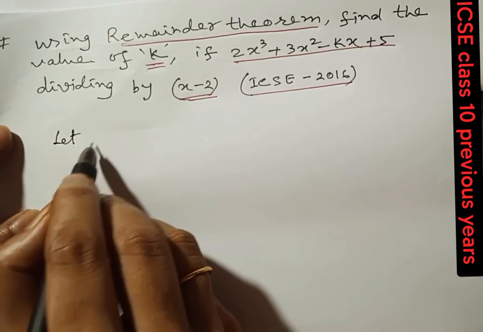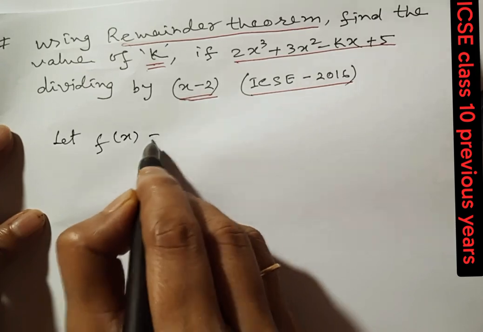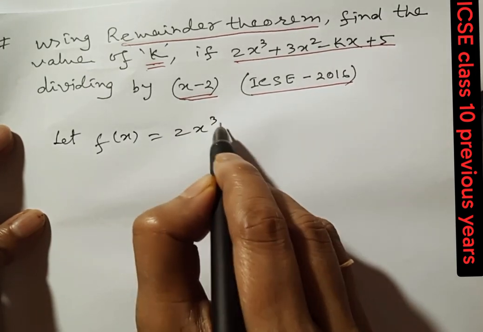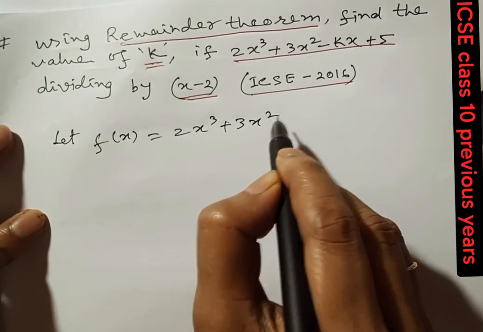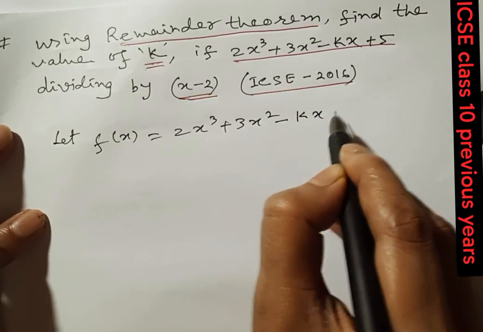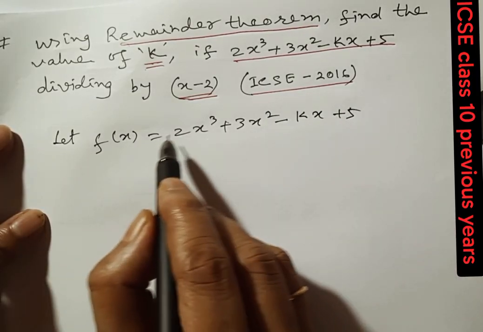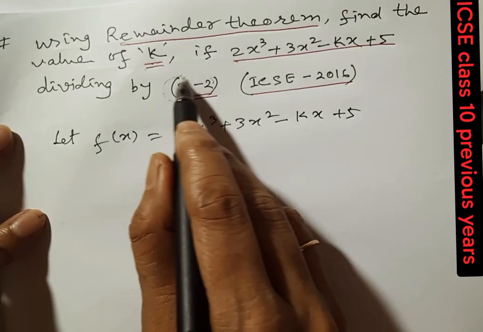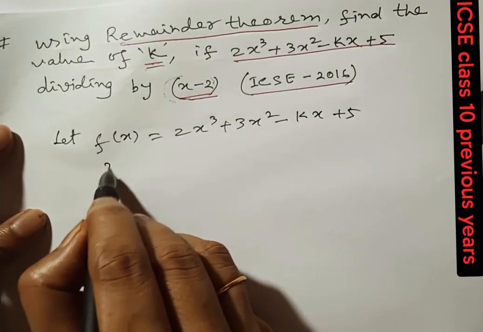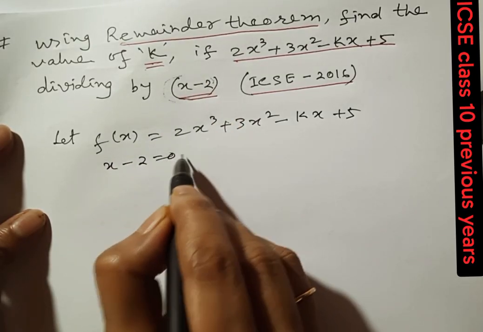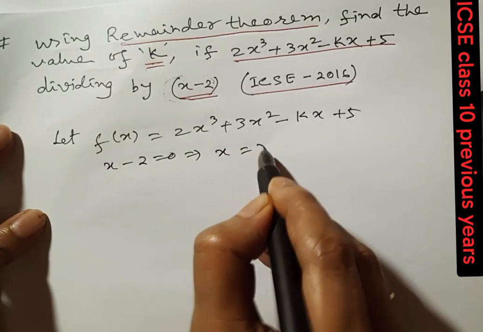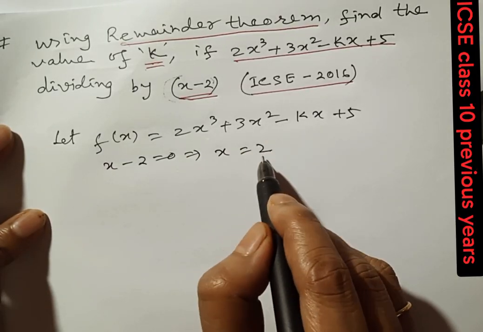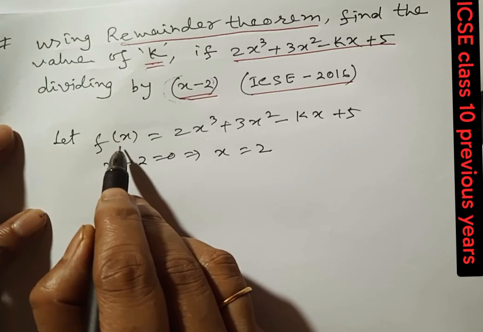Let f(x) equal 2x cube plus 3x square minus kx plus 5, and f(x) is divided by x minus 2. So let x minus 2 equal to 0, x equal to 2. Now we put the value x equal to 2 in f(x).